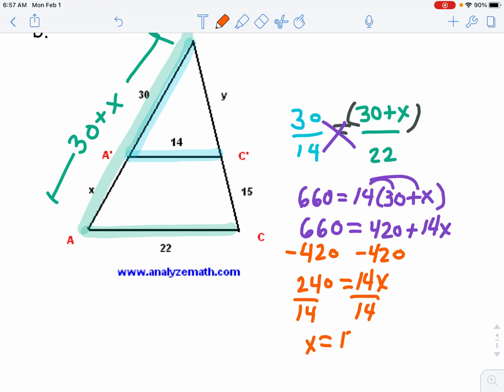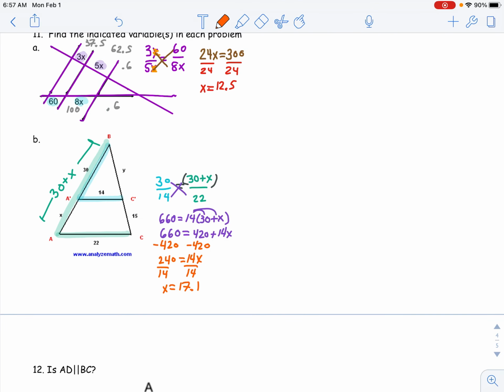So we're going to get some crazy decimal, 17.1-ish.